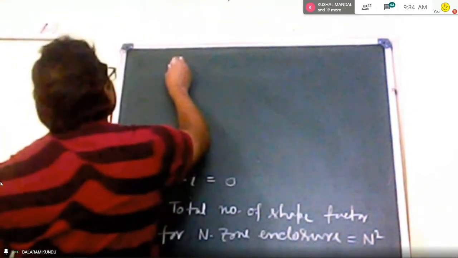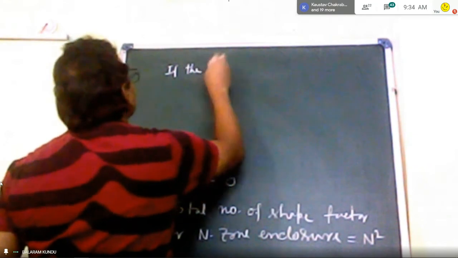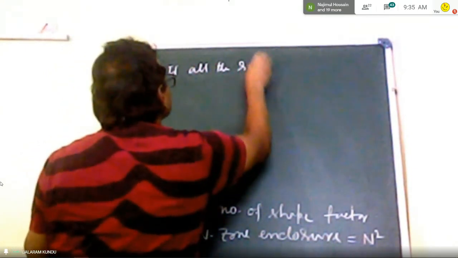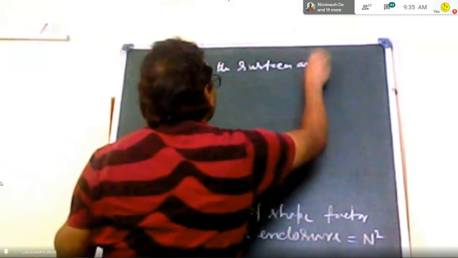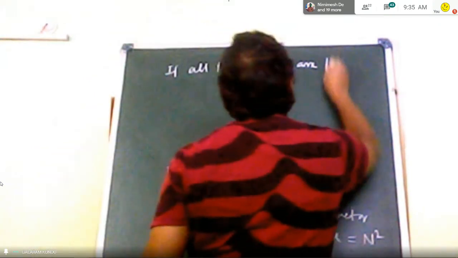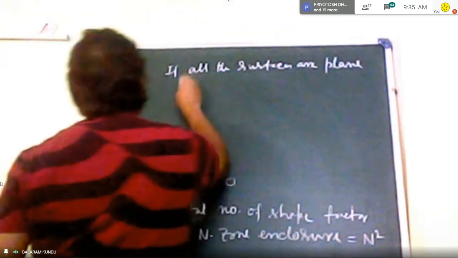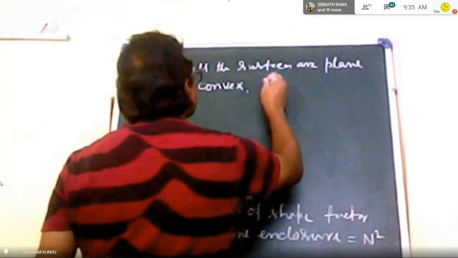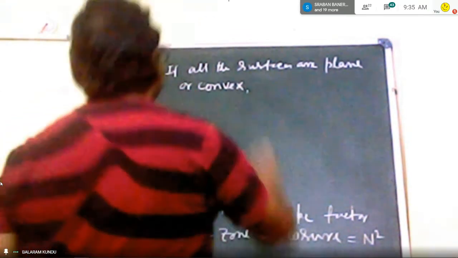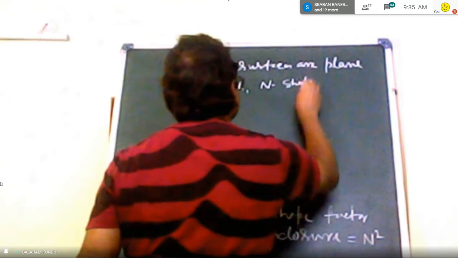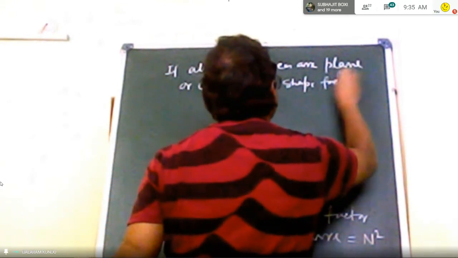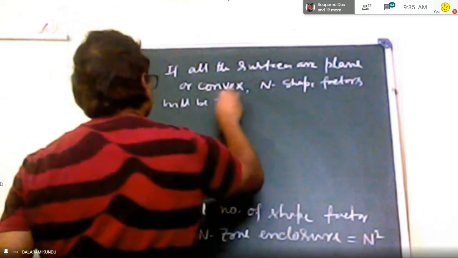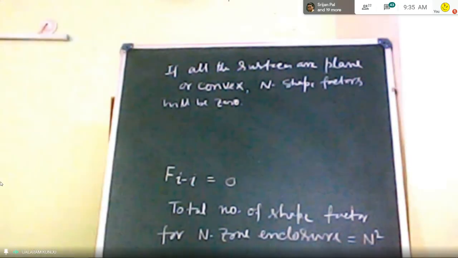So if all the surfaces are plane or convex, then n shape factors will be 0.